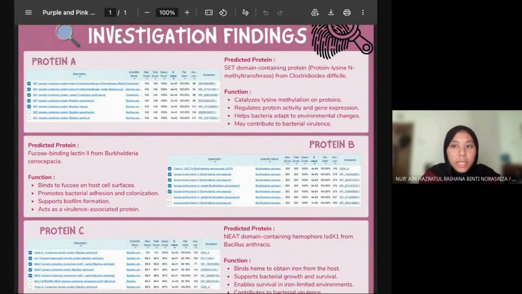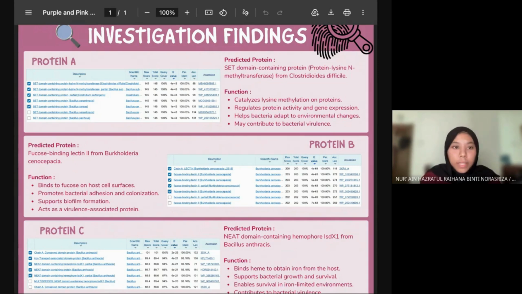Our BLAST-P analysis showed that protein A matched a SET domain-containing protein, or protein lysine methyltransferase, from Clostridioides difficile with 100% identity. This protein is involved in regulating protein activity and gene expression.